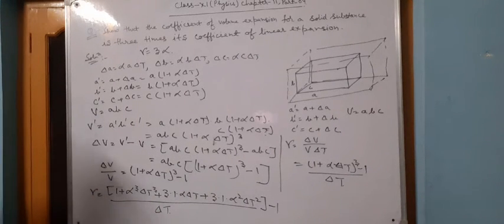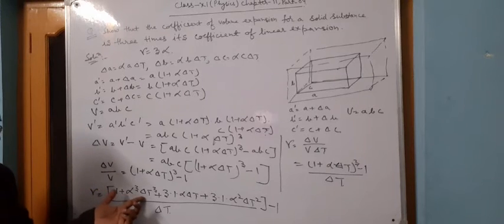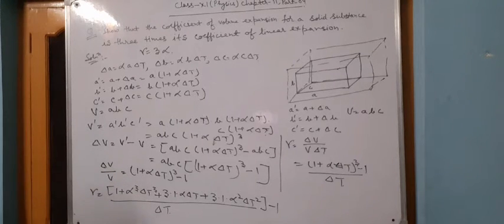And for the small values of what? For the small values of alpha and delta T, we will ignore the higher values.